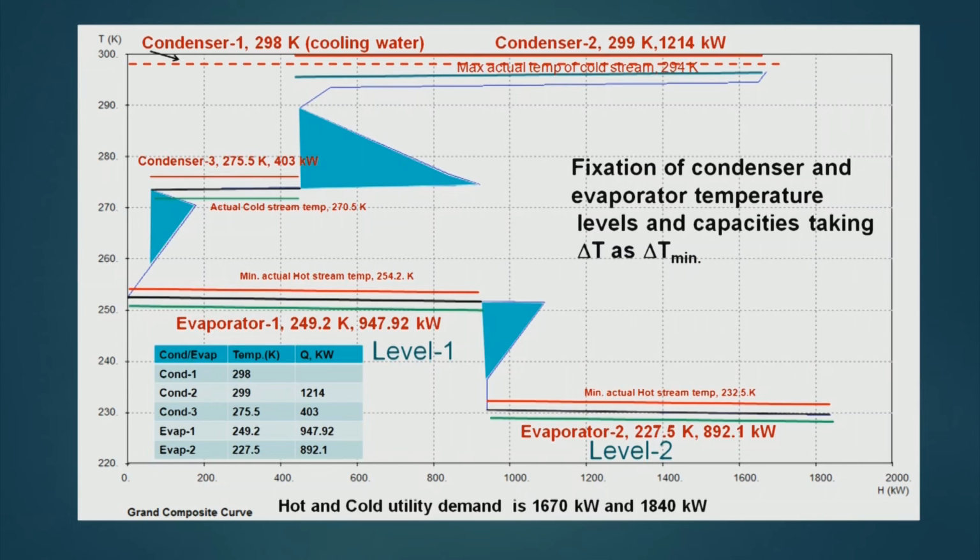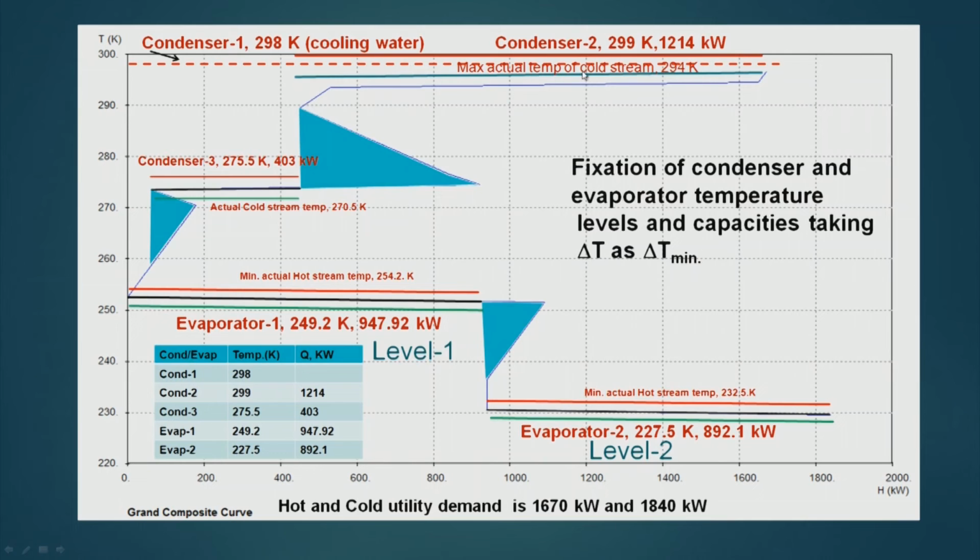Now, there is condenser number 2, where heat is passed to the cold streams. We are not passing heat to the cooling water here, but to the cold streams, and if I do so, I am saving my hot utility. Now, how to calculate that temperature?